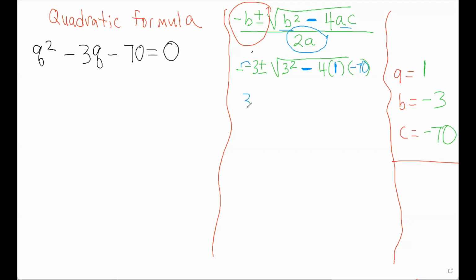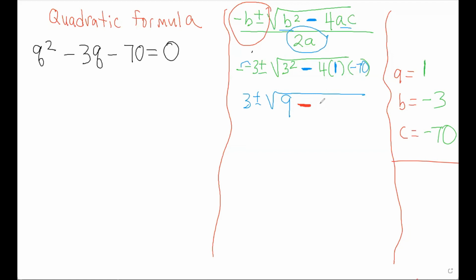Okay, now remember this double negative became what? So just rewrite it as 3 plus or minus the square root. And what is 3 squared? 9. Then in a different color, I have the little minus symbol there. And what is 4 times negative 70?